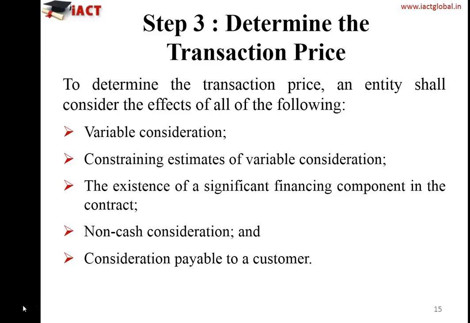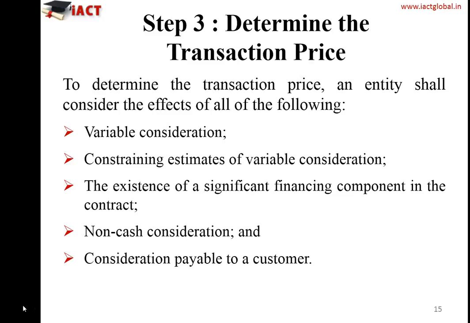This is like, if we are delaying the payment, so we have a normal credit period, and if we extend that credit period, that leads to a financing component attached to it. Non-cash consideration also impacts your transaction price, and consideration payable to the customer is also a factor that affects your transaction price.